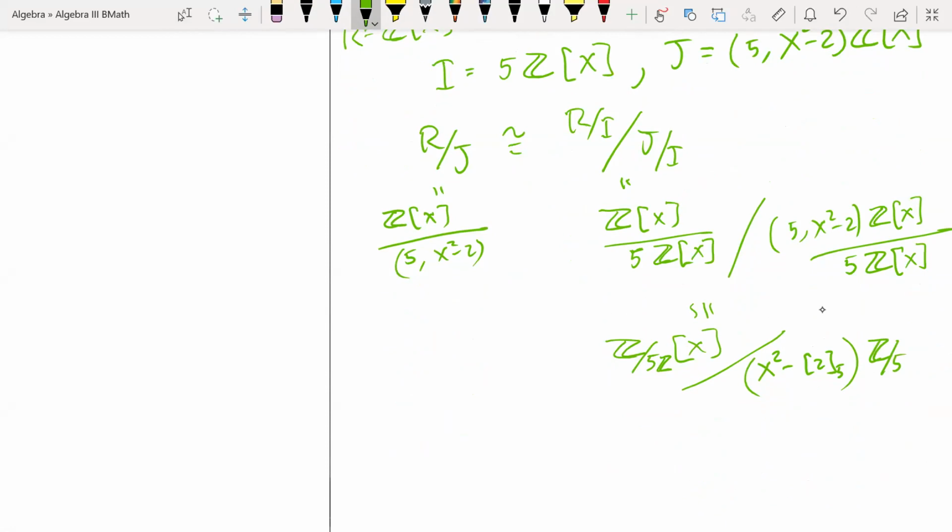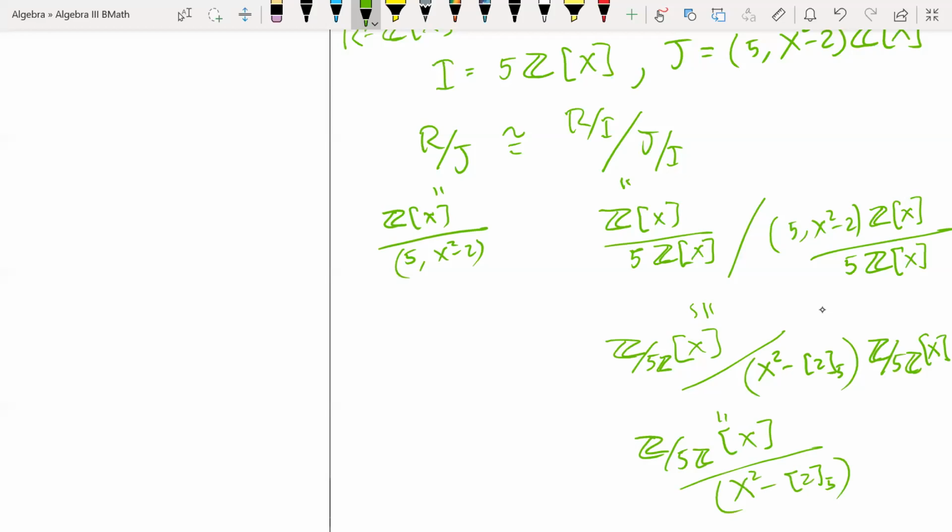As I said, we will use this notation as well, but let me shift it for next time. So by definition, this is the same as Z mod 5 Z[x] mod x square minus class of 2.